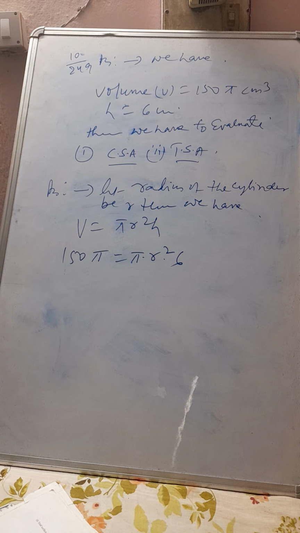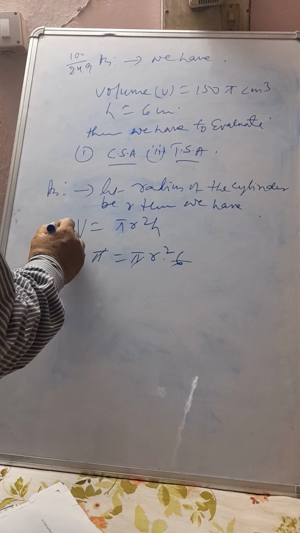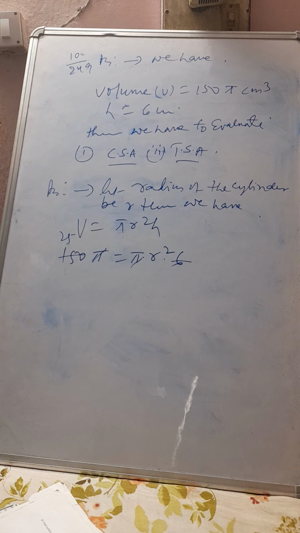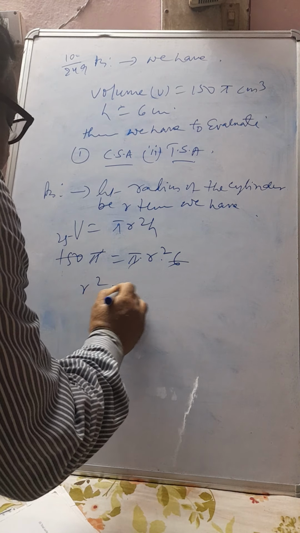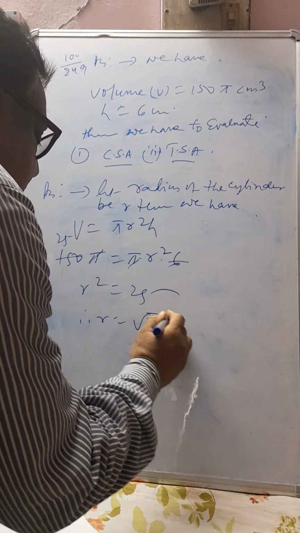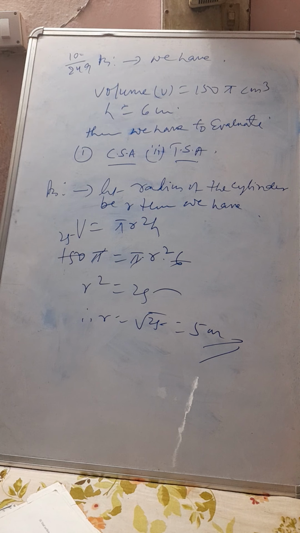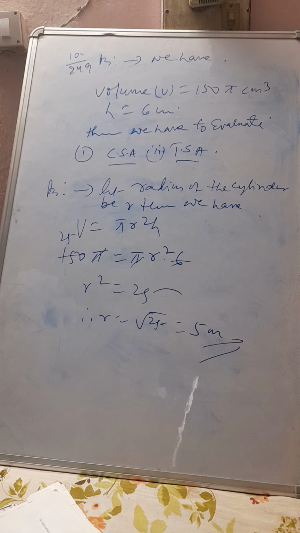Thats why pi is being cancelled. 25 6s are 150. It means r square is equal to 25. Therefore, r is equal to square root of 25, that is 5 centimeter. So, radius becomes equal to 5 centimeter.